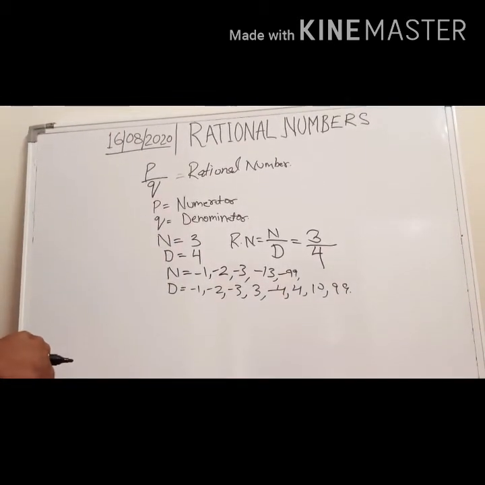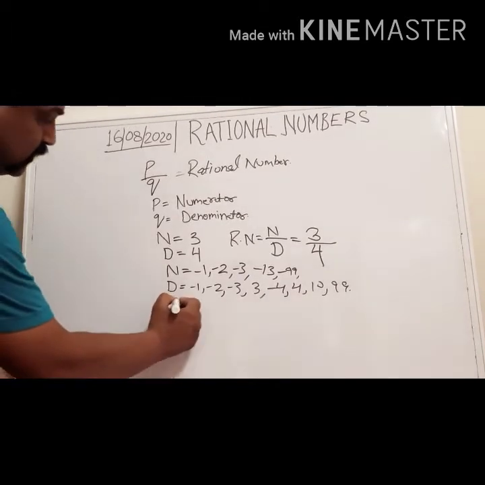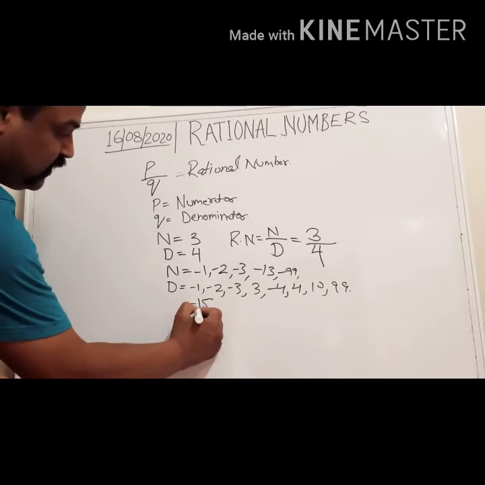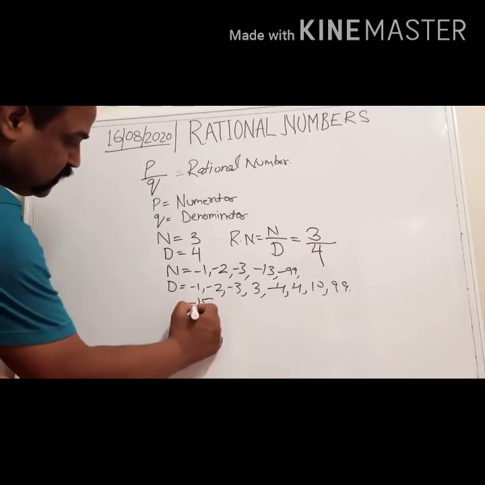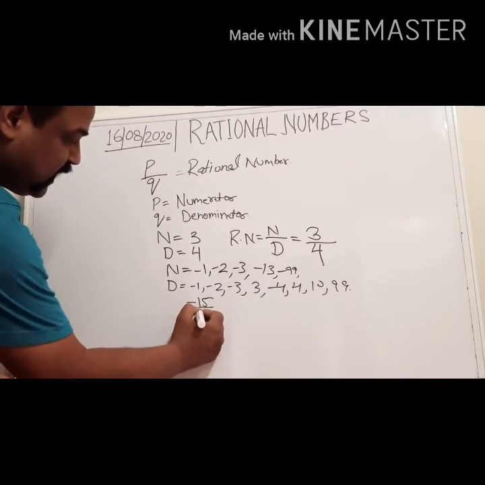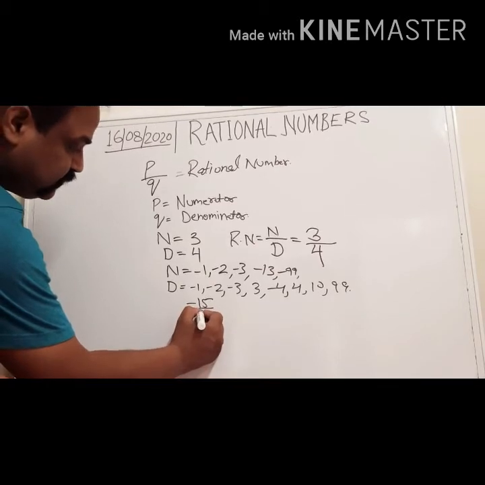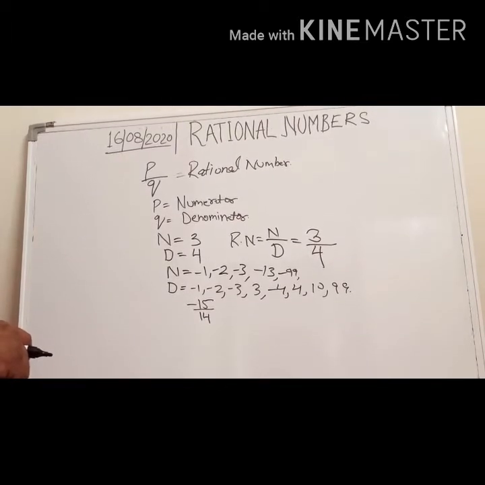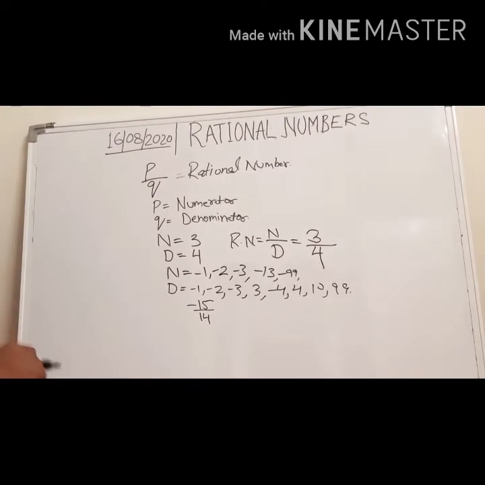When we write a negative number in the numerator and a positive number as the denominator, this becomes a rational number of negative nature, because there is only one negative sign.